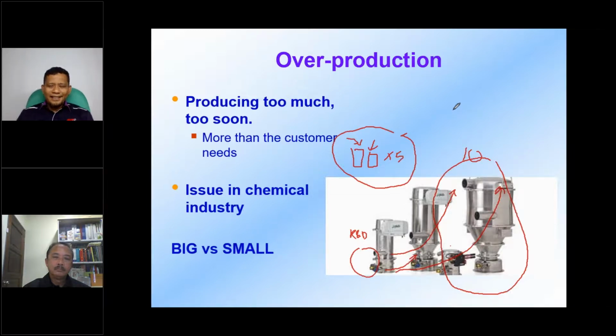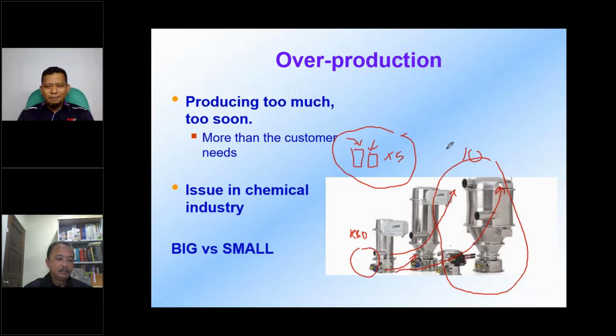Let's say this big reactor has some technical issue, downtime, or problems. Can you produce that 10 ton or not? Let's say it takes 7 days, so you lose 7 days of production because you want to chase more efficiency.